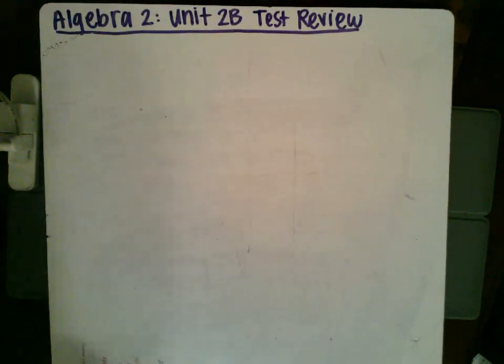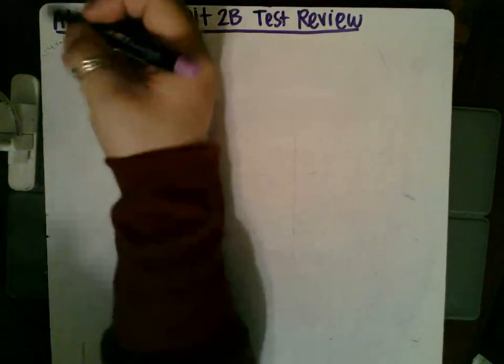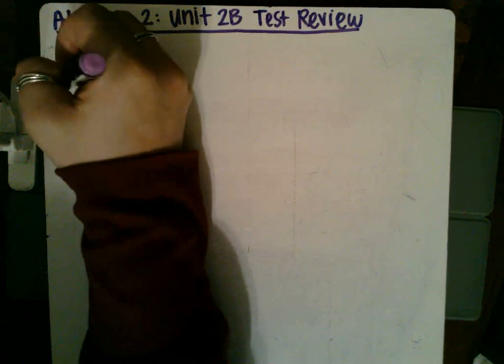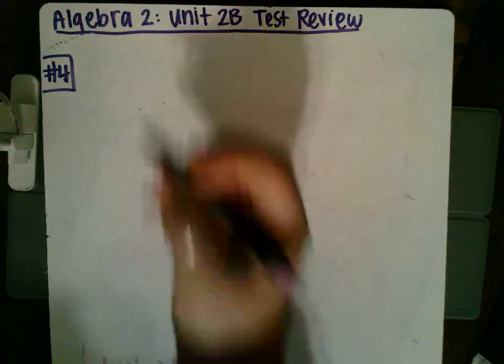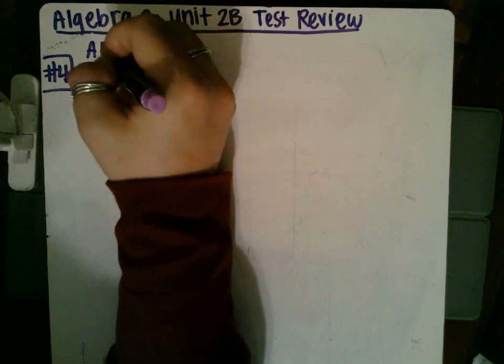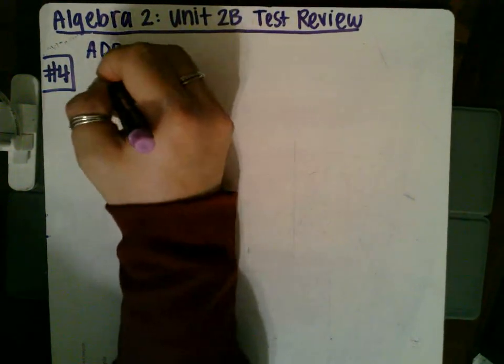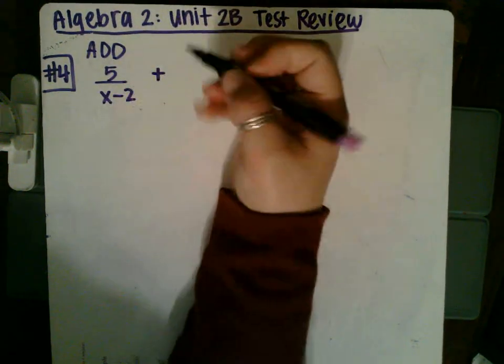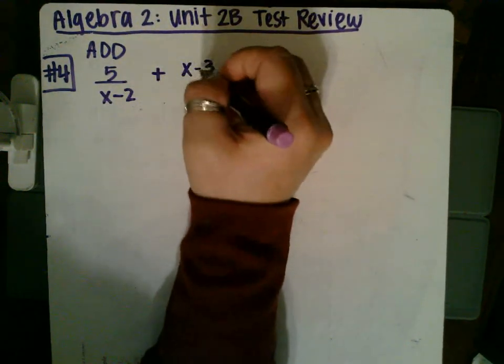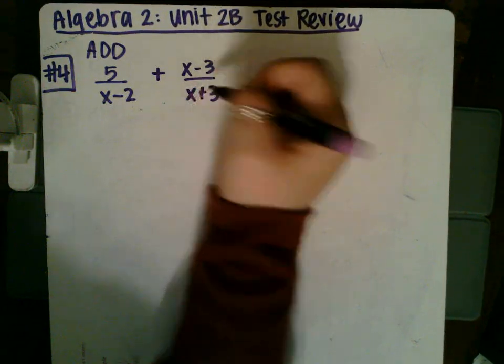So we are on problem number 4 of the Algebra 2 Unit 2B test review. Question number 4 is going to be addition. It wants us to add 5 over x minus 2 plus x minus 3 over x plus 3.